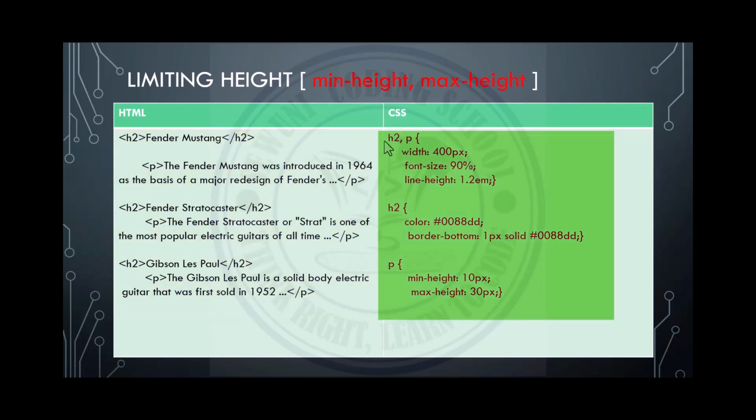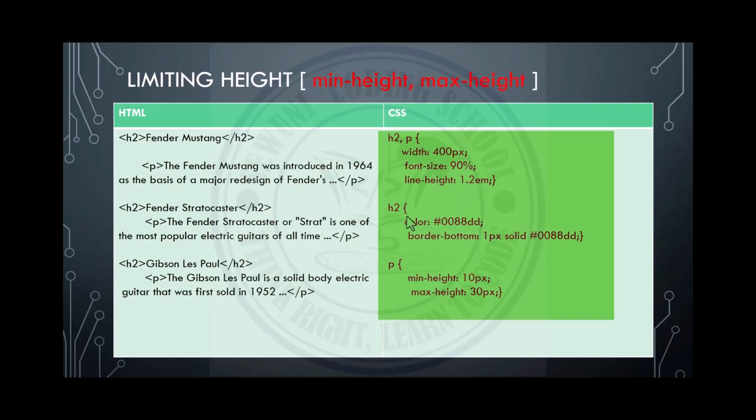This is the h2, and the paragraph. This is the paragraph, another paragraph, another paragraph. This is another h2, another h2. The width is going to be 400 pixels, font size is going to be 90 percent, and line height is going to be 1.2 em.